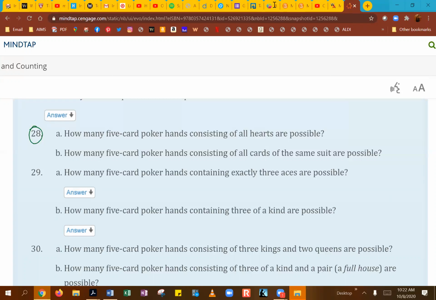So remember, in this case, there are 13 cards, which will be the heart suit, and you are choosing 5 cards out of that. Since the order is not important, out of 13, you are choosing 5.